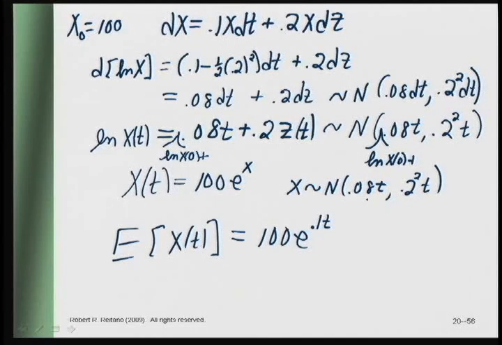So it's the difference between the expected value of x and the expected return. The expected return is 8%, and the return you get for the expected stock price is 10%. Hopefully that clarifies these various formulas.